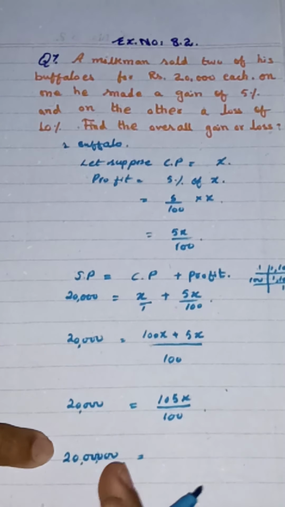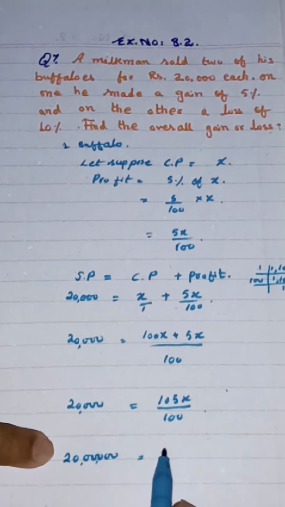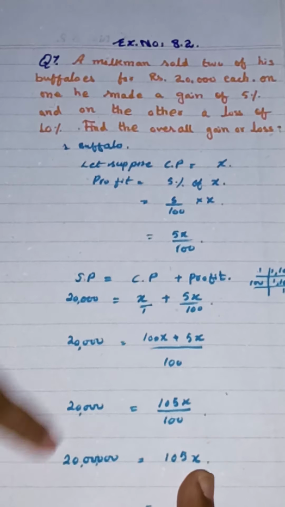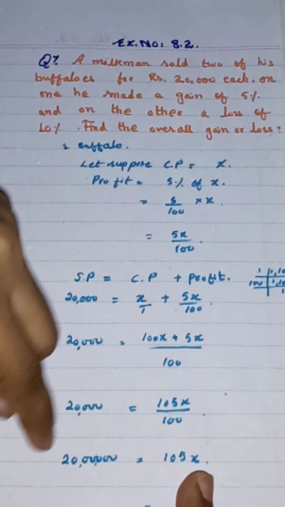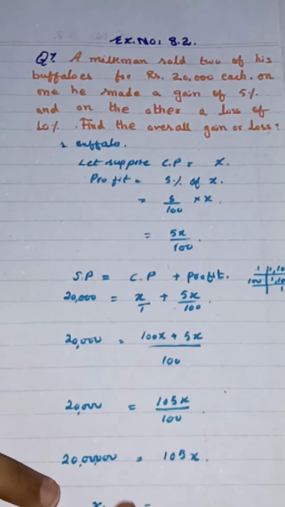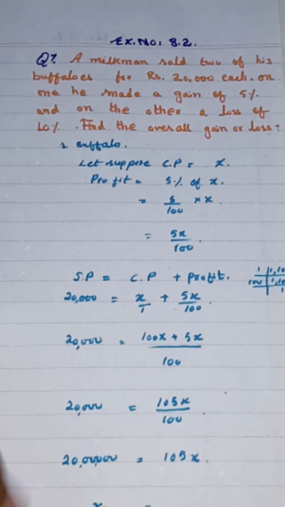This is now 2 lakhs equal to 105X. 105 is multiplied here, so it shifts and divides on the other side. We need to find the value of X, that is, the cost price, because it is not given.